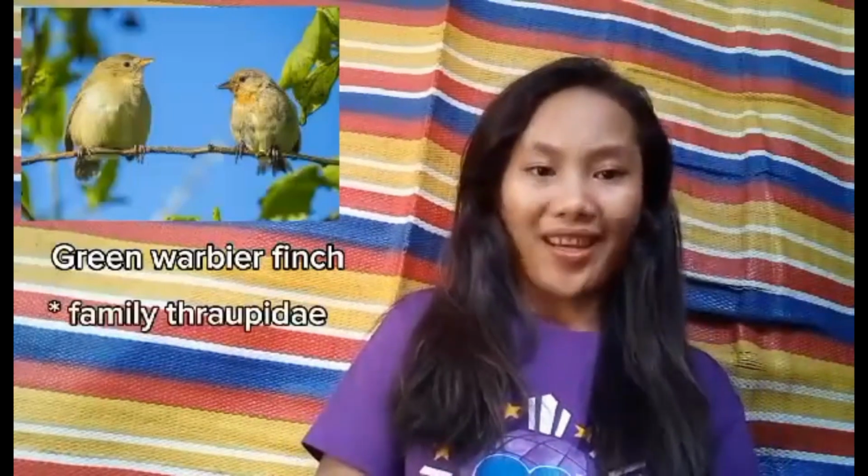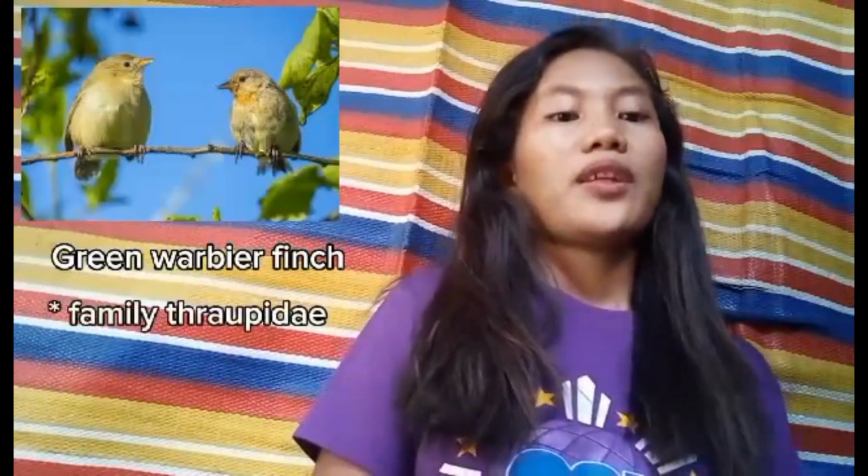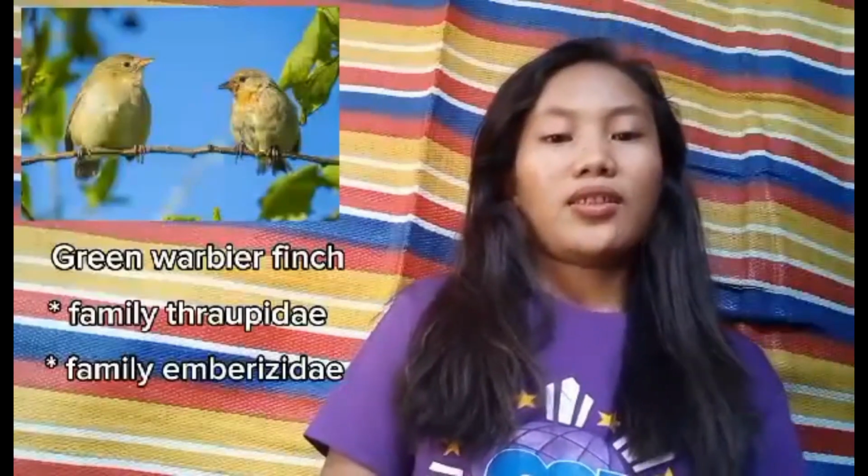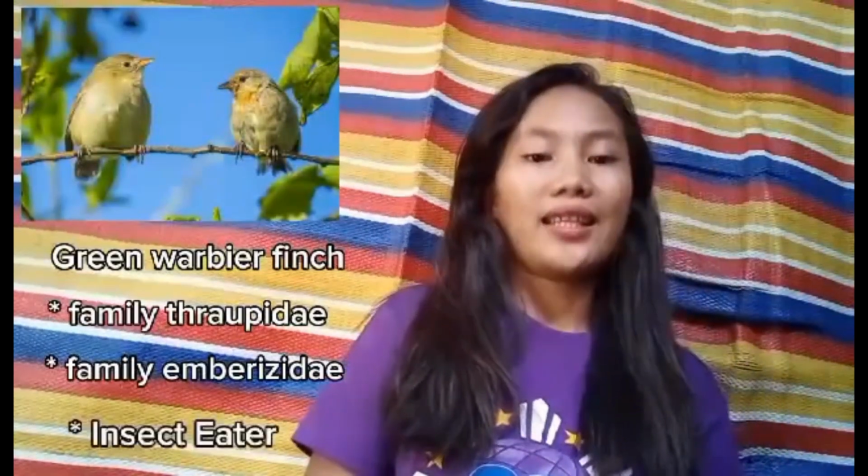So, finch birds are related to sparrows, penguins, and all other birds. The green warbler finch is one of Charles Darwin's finches in the tanager family Thraupidae, sometimes classified in the family Emberizidae. The green warbler finch is an insect eater.